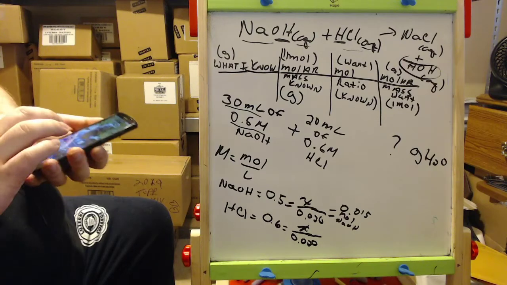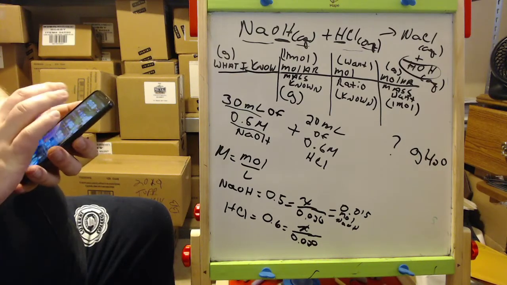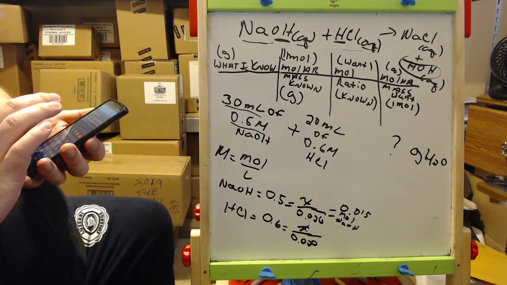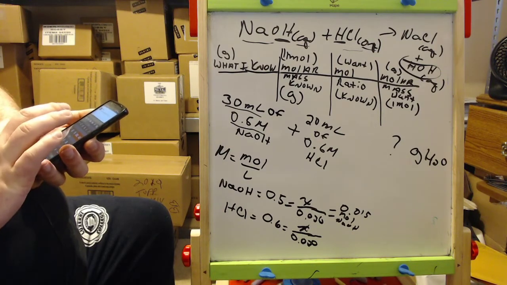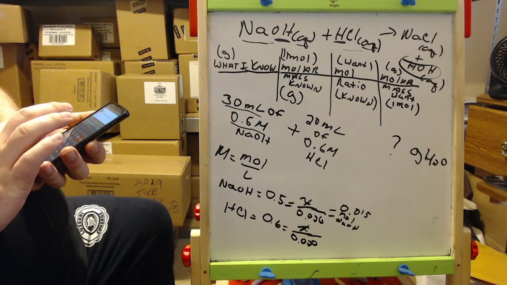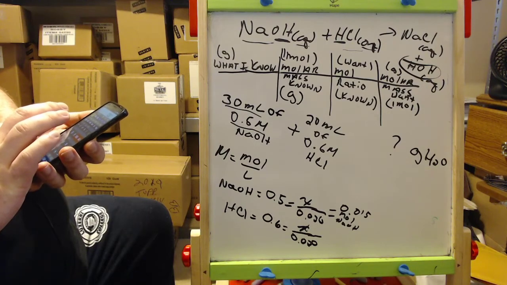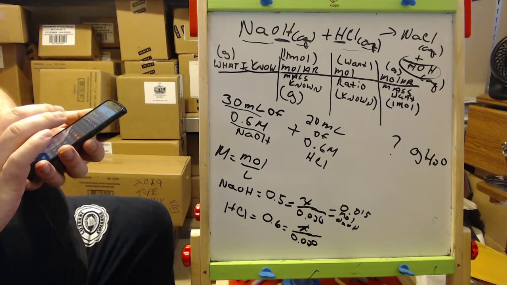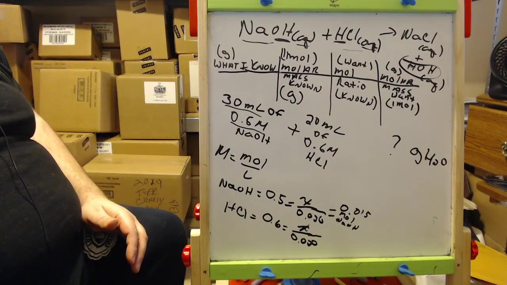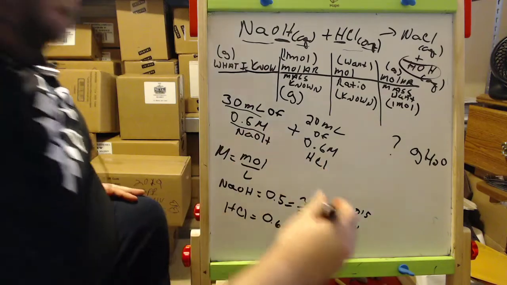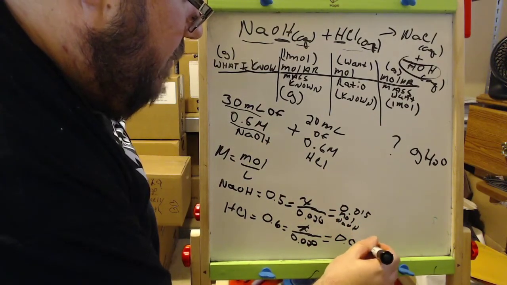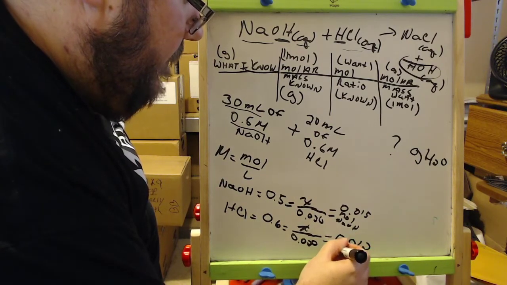Okay, so let's see, should be 0.012. I don't know why I couldn't do that one in my head. Moles of HCl.